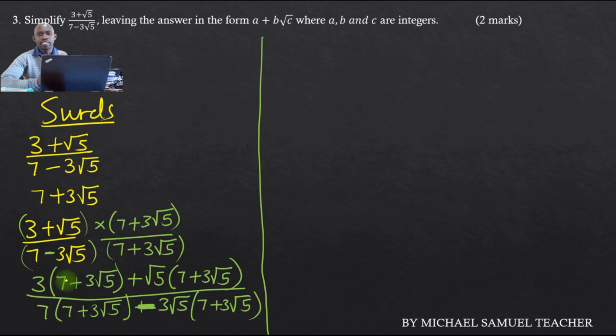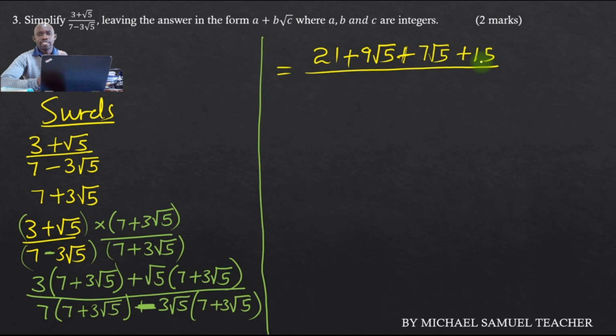Now from here, 3 times 7, we have 21. Then 3 times 3 root 5, that is plus 9 root 5. Then plus root 5 times 7, that is 7 root 5, and then root 5 times 3 root 5, so root 5 times root 5 is 5, times 3, 15.